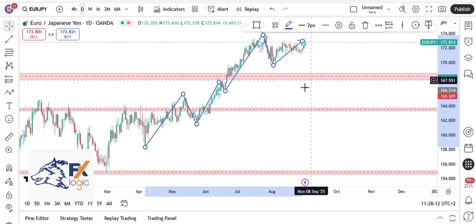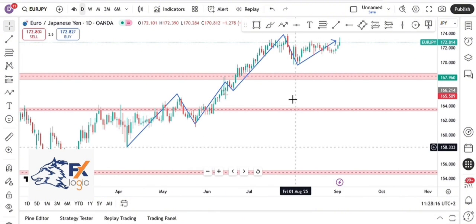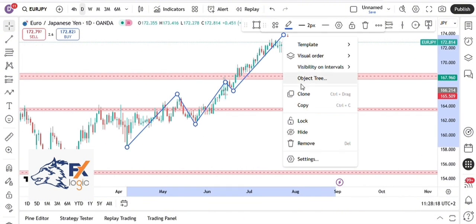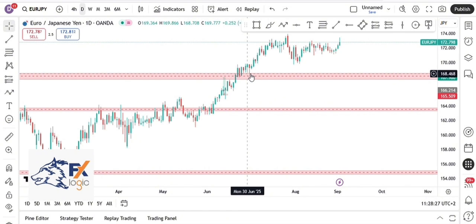We zoom in closer and look at the most recent structure we can find on the daily.